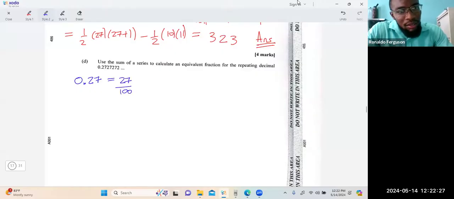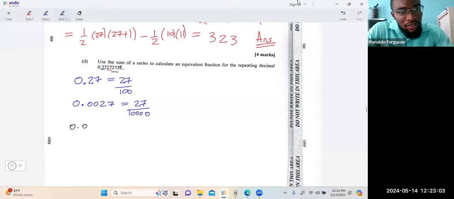And then something like 0.0027 is equivalent to 27 over 10000. I'm doing it by every 2 decimal places.